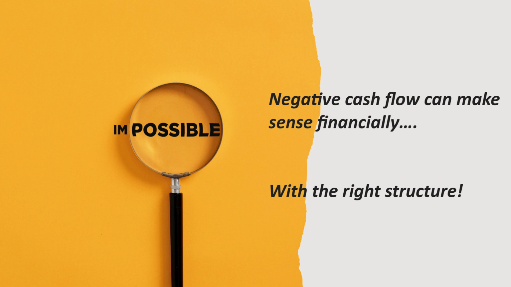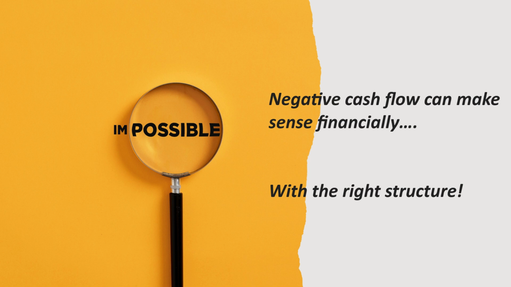What's impressive about this is that we are able to purchase a property where the expenses are higher than the income and still have it make sense financially. The structure covers the shortfall through the investment line of credit, which allows us to own the property without having to make concessions elsewhere in our lives.